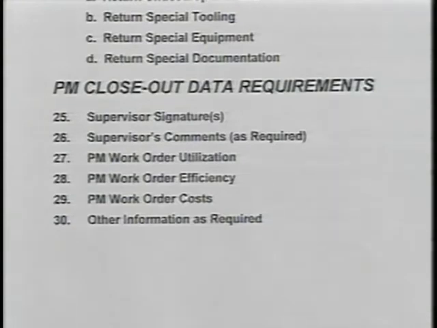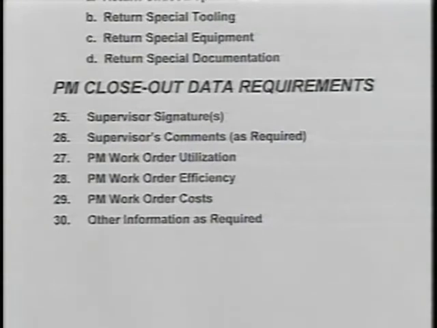And then the last major heading is called the PM closeout steps, and those are identified by steps 25 to 30, and that is where a supervisor should review the PM work order, sign off on the work order, and notice if there are any comments that may be required, and those comments could make changes to the work order itself the next time it comes out.